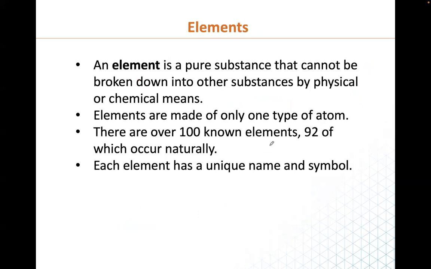An element is a pure substance that cannot be broken down into other substances by physical means. The meaning is you cannot break down an element into something smaller than the way it is, because it is almost the smallest part of it. Elements are made up of only one type of atom.